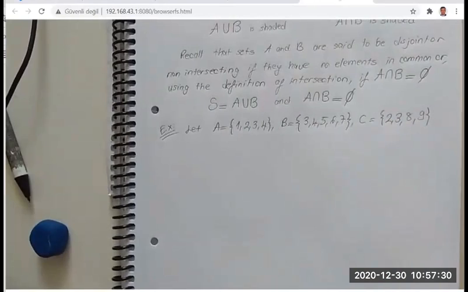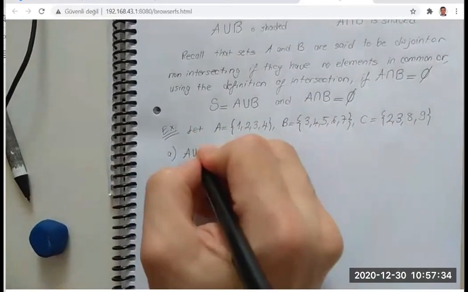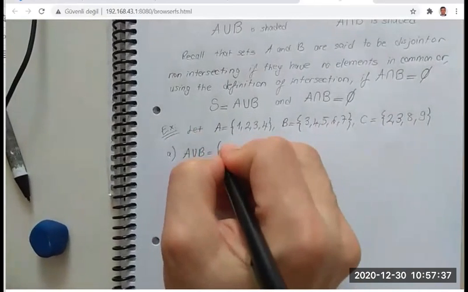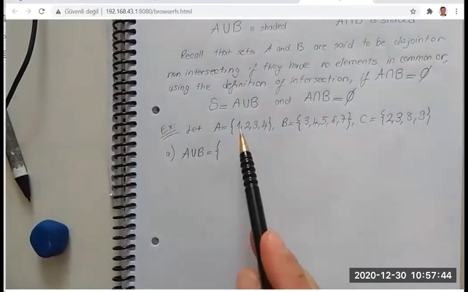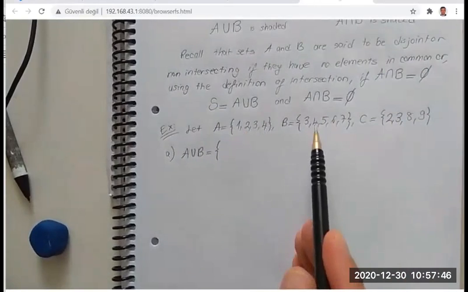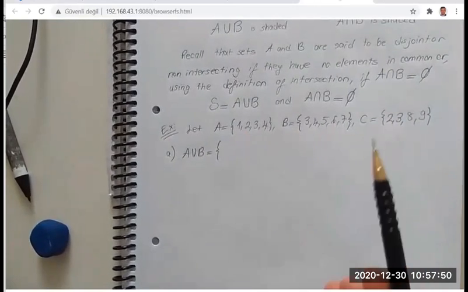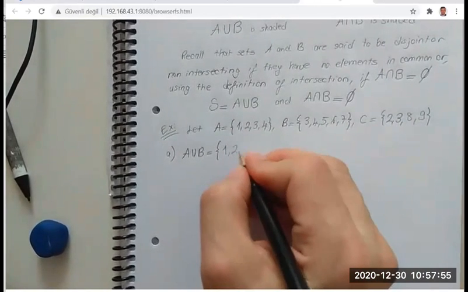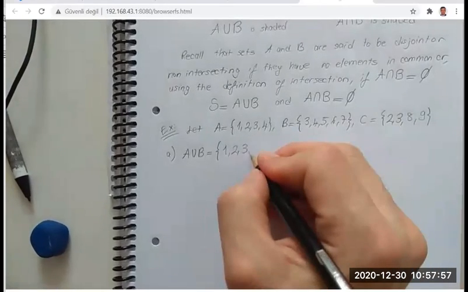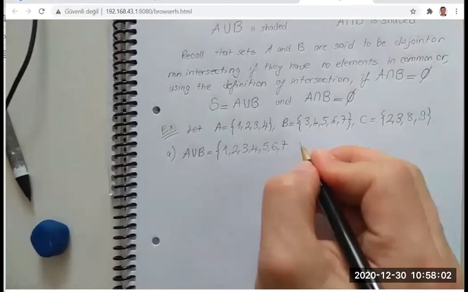Okay, let's write. Let's find the case A union B. So what should I write? Is it 1, 2, 3, 4? 3, 4 are common, and 5, 6, and 7 are going to be members of A union B. 5, 6, 7.